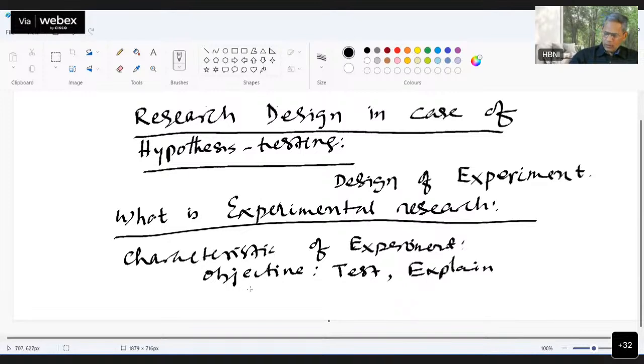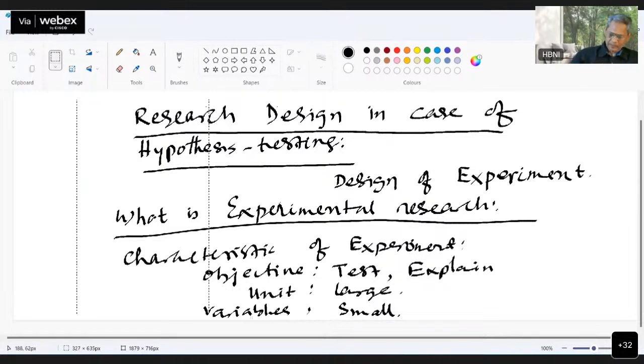Usually your unit of data you take is large, but variables are small. Most cases you have only two variables.